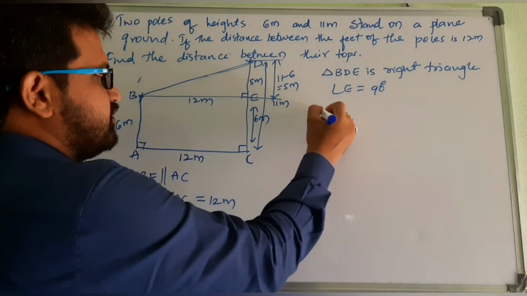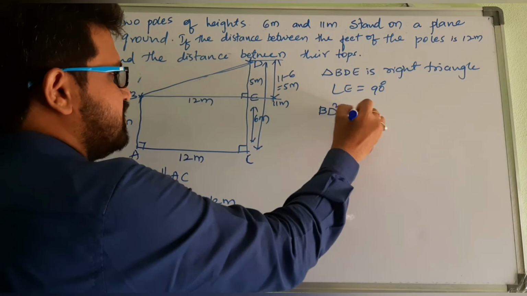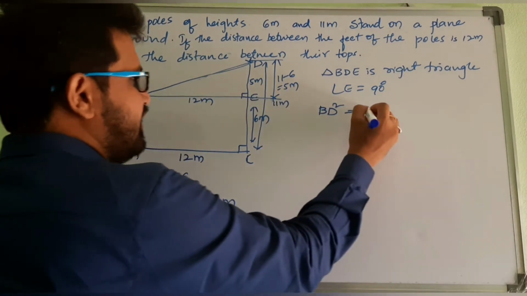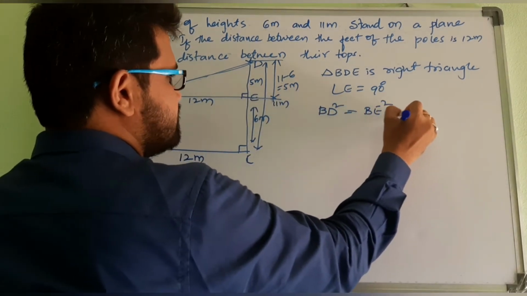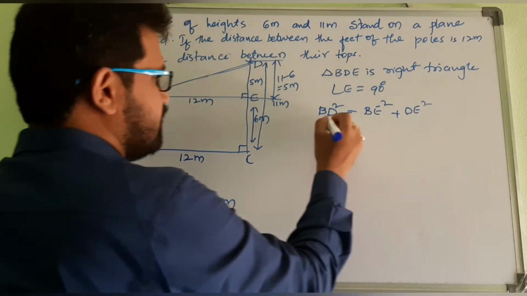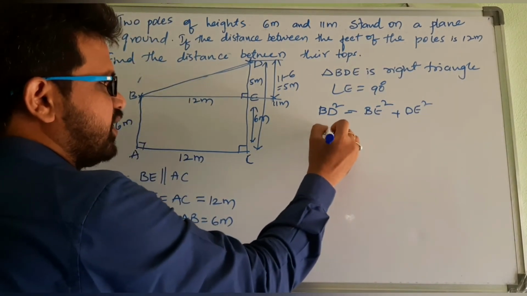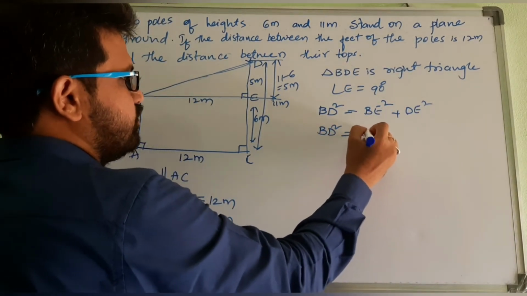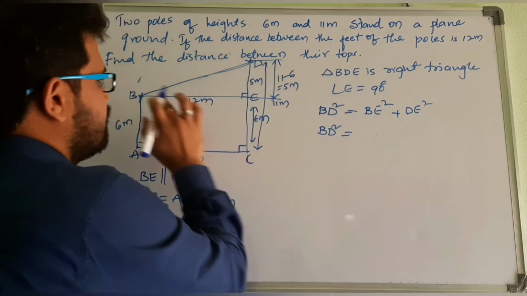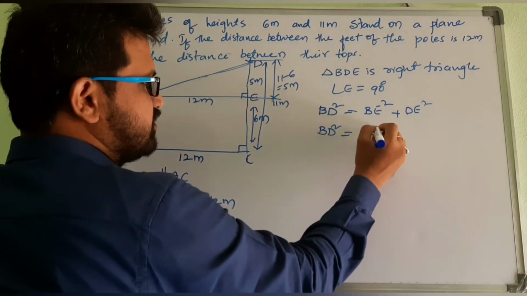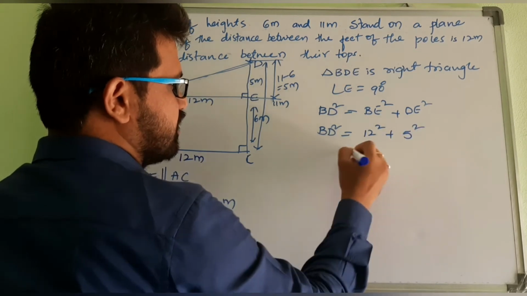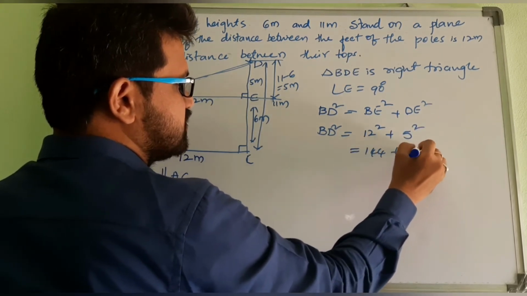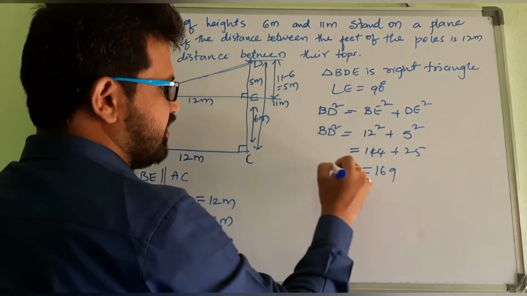What is the hypotenuse? BD square is equal to BE square plus DE square. And BD is how much? That only we have to find. BD is equal to BE, which is 12 meters, so 12 square, plus DE, which is 5 square. 144 plus 25 is 169.